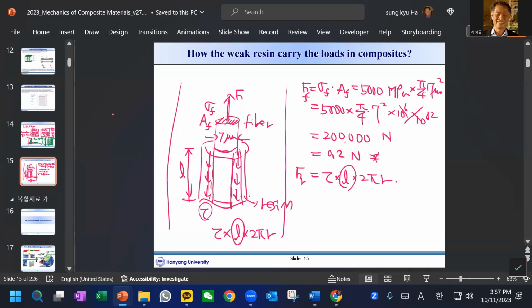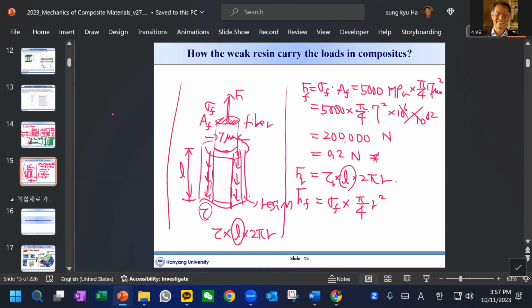I'm going to rewrite this one rather than use a number. So F, I can rewrite. This is the sigma F. This is the tau resin times, we had a 2 pi and r scale, right?